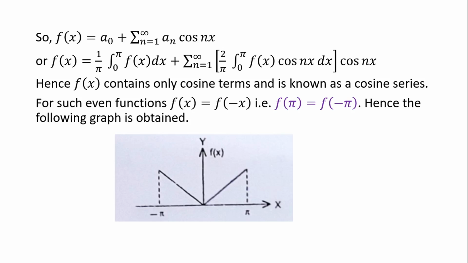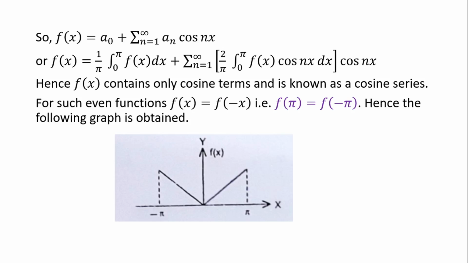So in the Fourier series we have two terms only, since bn, the third term, is 0. So f(x) equal to a0 plus summation n equal to 1 to infinity an cos nx will be the series. Here we have to substitute values of a0 and an.